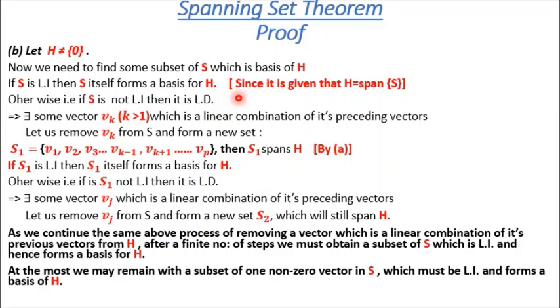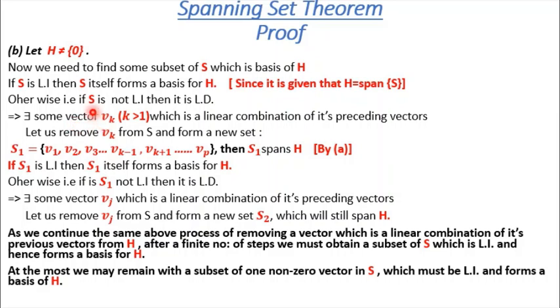We had one important theorem on a linearly dependent set: there exists some vector Vk, k greater than 1, that means Vk should be from V2, V3 and so on, it cannot be V1, which is a linear combination of its preceding vectors.